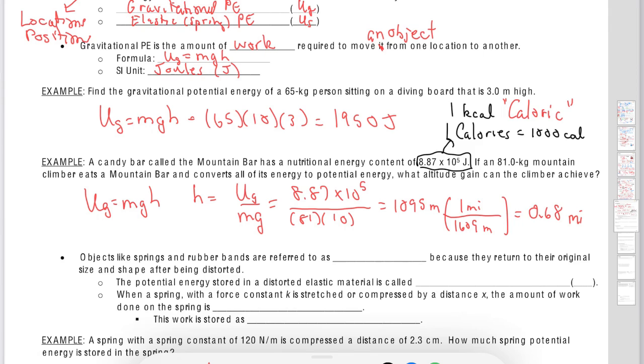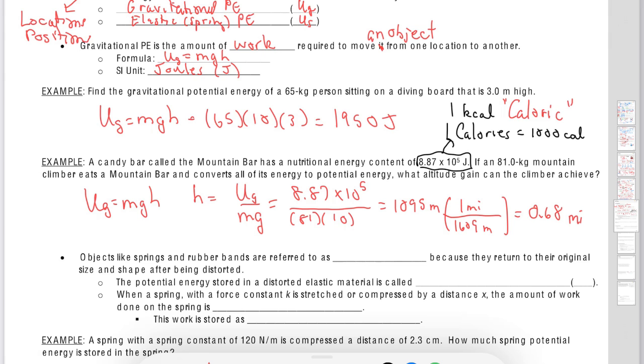So this climber can climb less than three quarters of a mile by eating one candy bar. They could throw all kinds of questions at you with this, like how many candy bars they would need to eat to climb Mount Everest. You just have to know how high they have to climb and how much energy they would need to use, and then you can do a simple conversion.